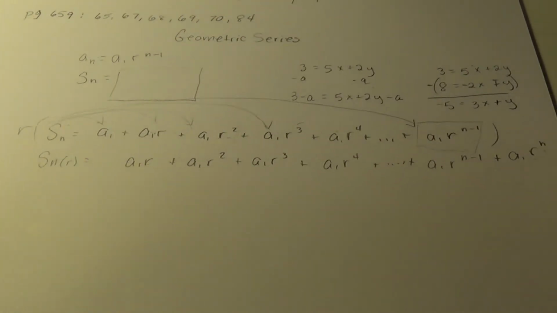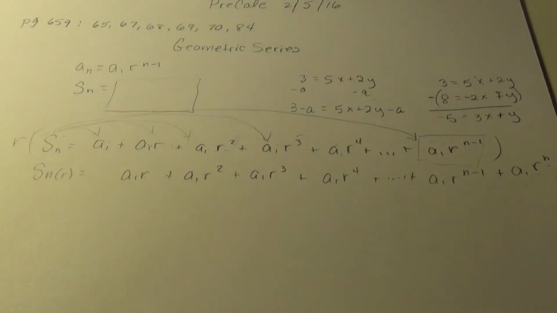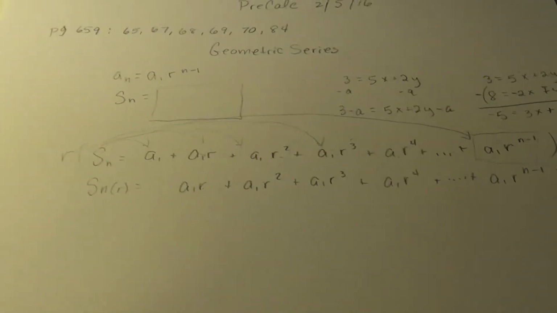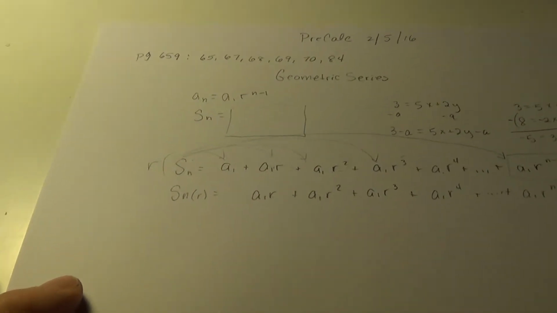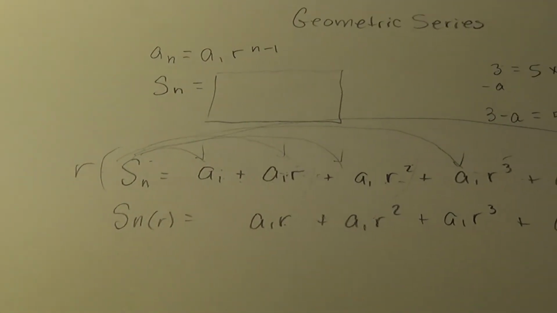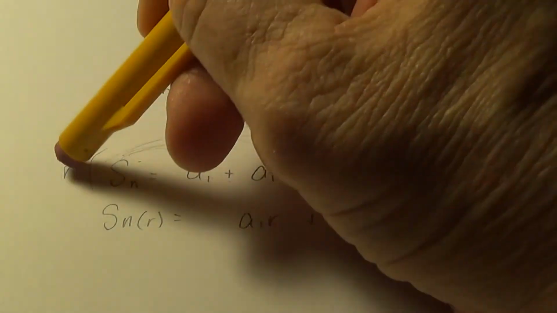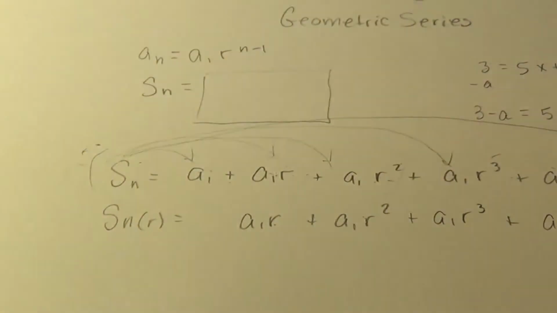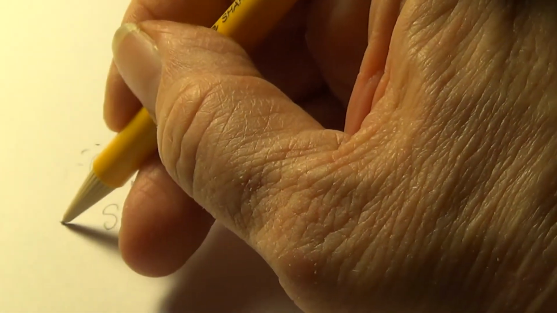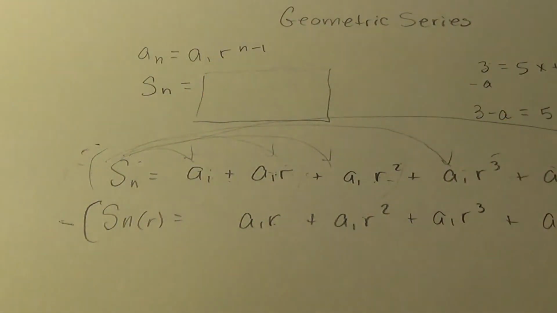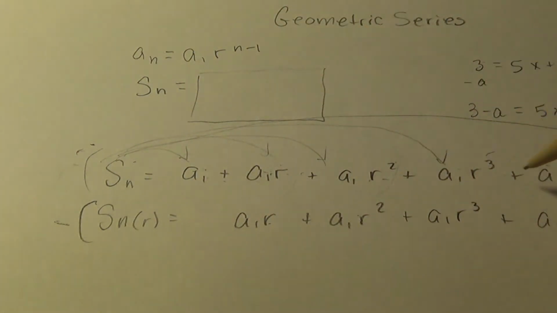Alright, I don't know if you can see what I'm going to do with this. I zoom in on part of it at a time so you can see it clearly. Now that I've multiplied this whole thing by r, I'm going to subtract this equation from this equation.